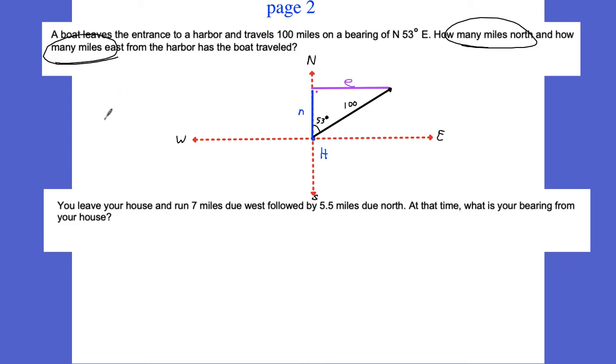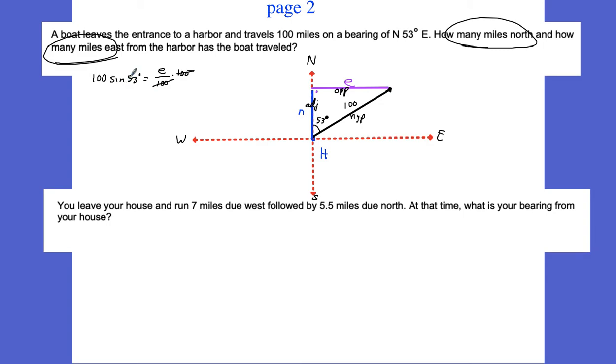Remember this is opposite, adjacent, and hypotenuse relative to our 53 degree angle right here. So to find E, I can use sine, opposite over hypotenuse. So sine of 53 degrees equals E over 100, our unknown E. Multiply both sides by 100. 100 is reduced on the right side.